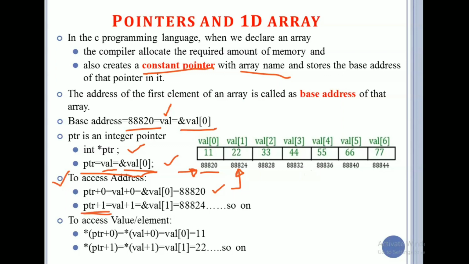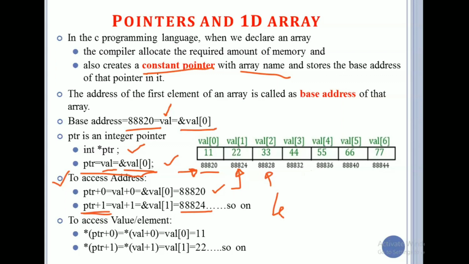We already discussed in the last session how the PTR plus 1 calculation is done in the background. This 1 is multiplied with the size of the element. Here the size of the element is 4, so 1 into 4 is 4. The PTR value is 8820 plus 1 into 4, that is 4, so we will get the answer 8824. In the same way, the remaining values will be found.